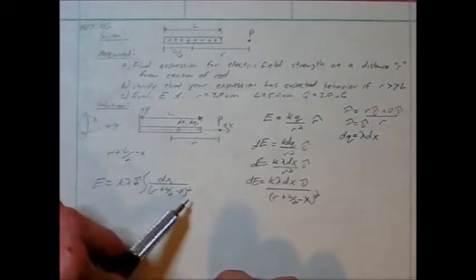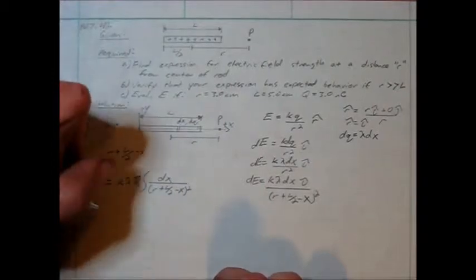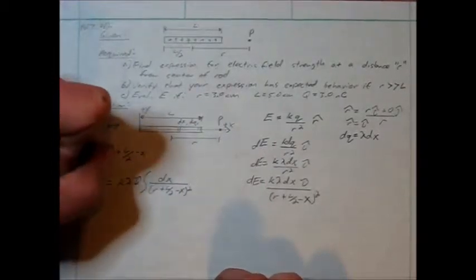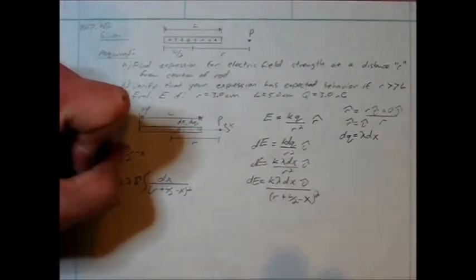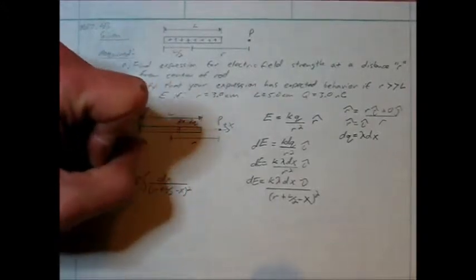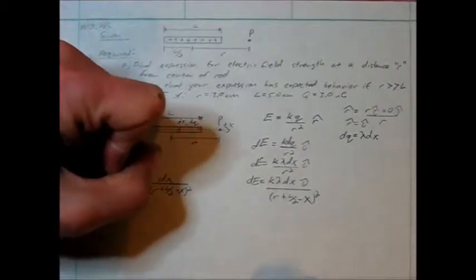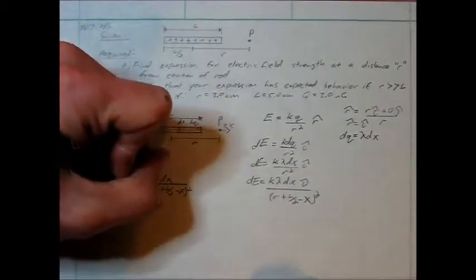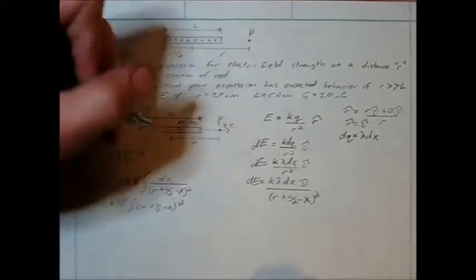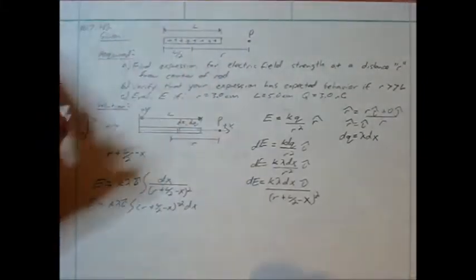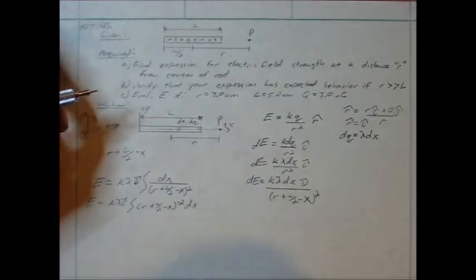And also we need to keep in mind that we can rewrite this to be a little more user-friendly. E equals k lambda I hat times the integral of r plus L over 2 minus x to the negative 2. Remember, we can do it with our exponents, dx. You could do a u substitution.